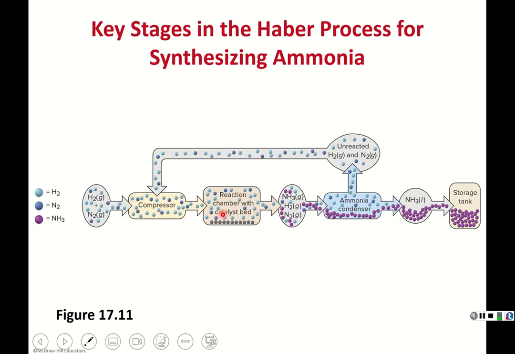They flow over a catalyst, so that catalyst is trying to catalyze this reaction as well. So you're producing your NH3 when you're doing that. You go into another stage that condenses the ammonia and removes it. Okay, so then you're putting everything else that isn't your product, ammonia, back into the compressor.